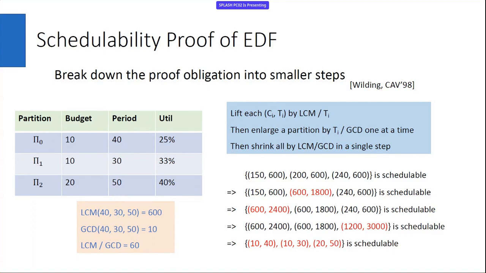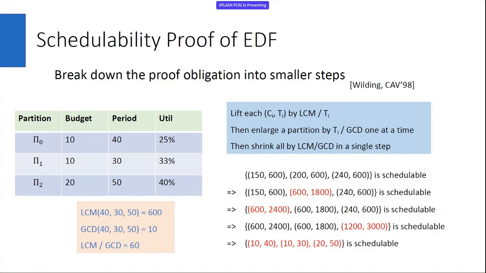The least common multiple of the 3 periods is 600. So you lift each of these by the factor of LCM divided by T_i, which turns these 3 partitions into 150/600, 200/600, 240/600. Because they have the same period now, and the utilization is less than 100%, it's clearly schedulable. So this schedulability can be easily derived.